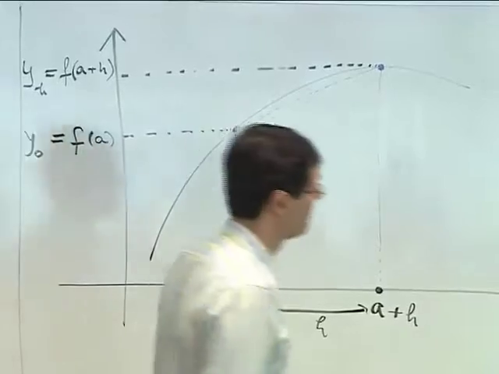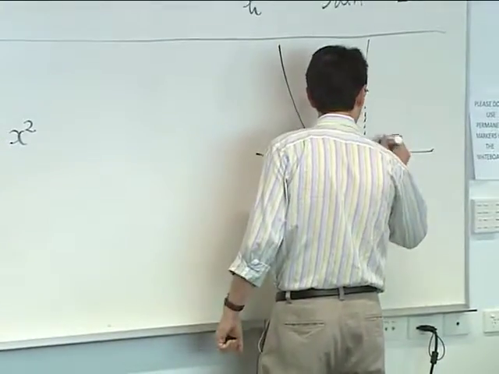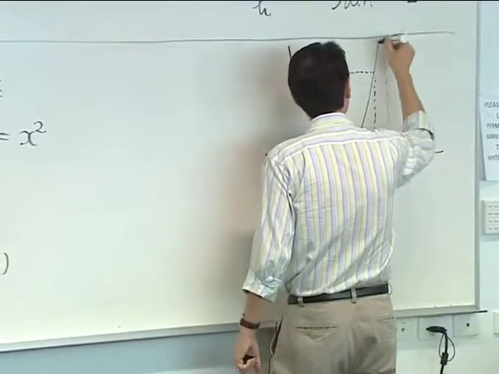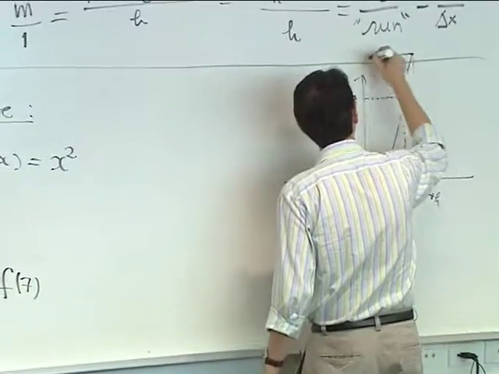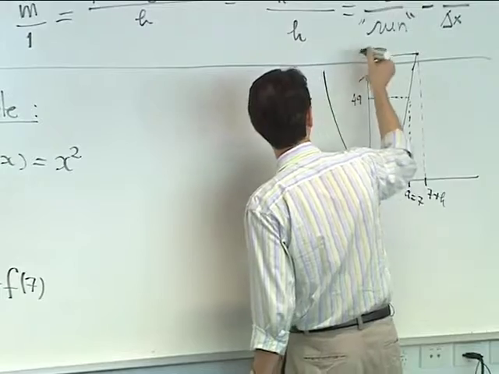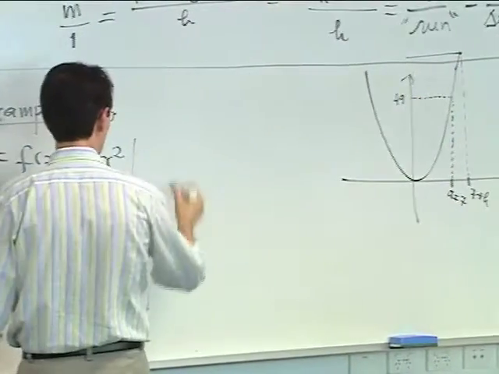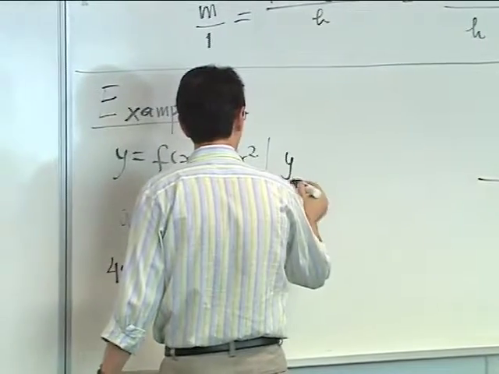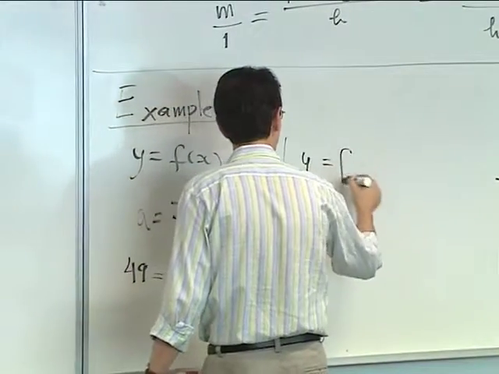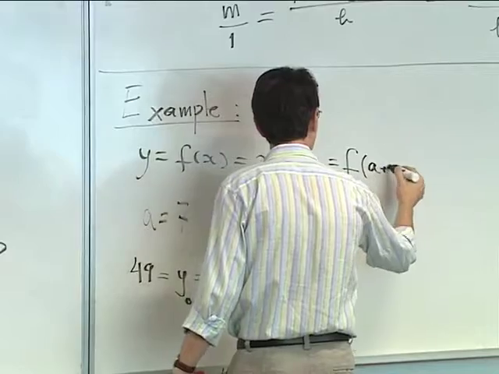Okay? Then I'm going to have another height in there. That is going to be my other height. It's the height y h, which is f of a plus h.